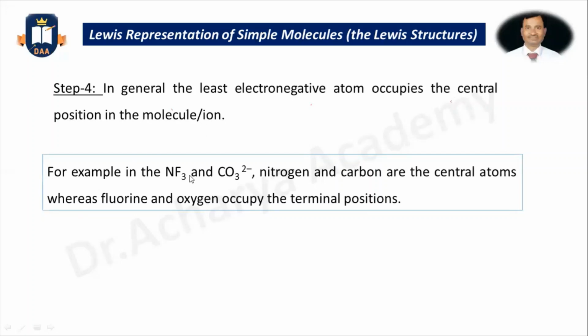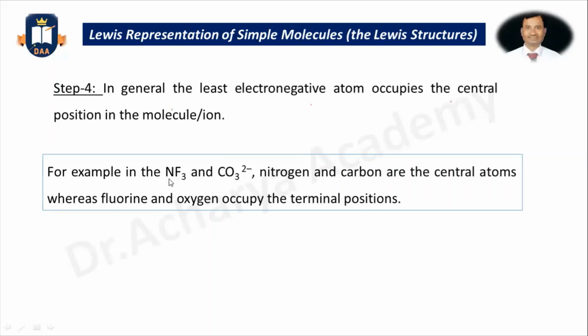Example, you consider NF3 and CO3 2-. In the case of NF3, nitrogen, and in CO3 2-, carbon, are the central atoms. Why? Because in these two, CO3 2- is an ion and NF3 is a molecule, the least electronegative atom, which one?